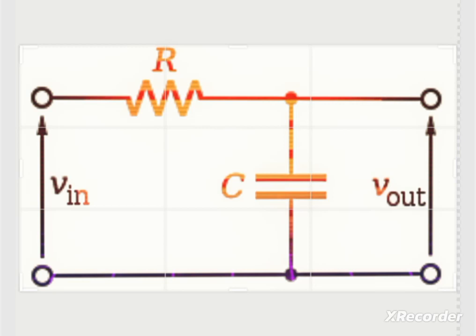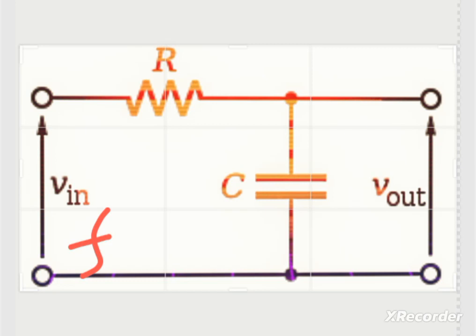So quantitatively we can analyze the circuit. For example, if your input signal has a certain peak amplitude or peak to peak amplitude, and it has a frequency, let's say f.